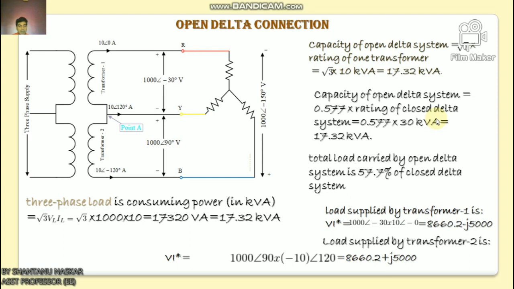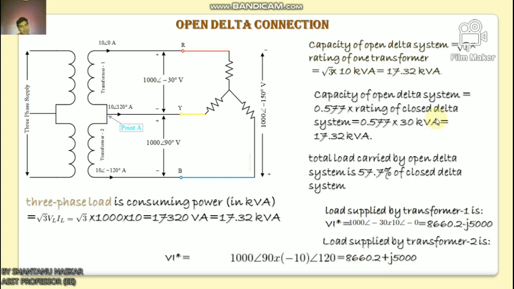Then it can be said they are connected in a closed delta system. So how much three-phase balanced load can be supplied by this combination? The answer is this combination can supply 30 kilovolt ampere three-phase balanced load. So load on each transformer will be 10 kilovolt ampere, and each transformer is operating at its rated capacity.